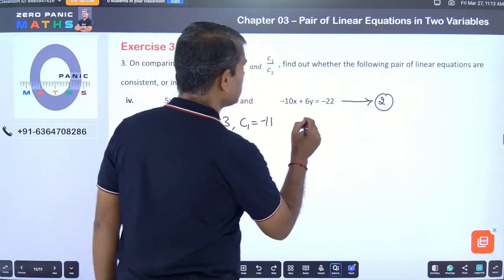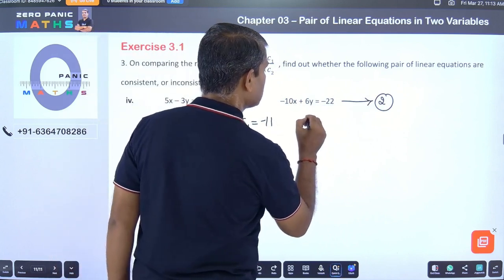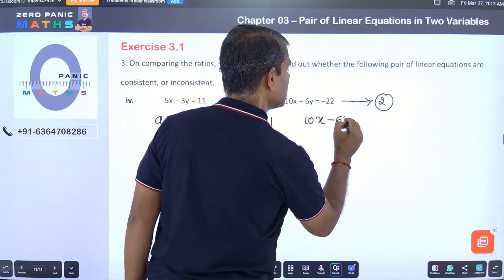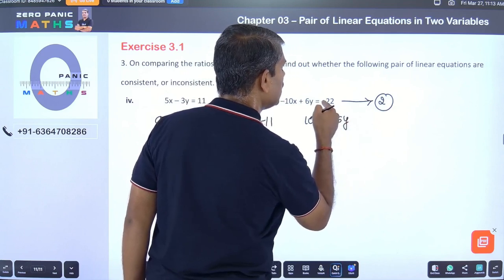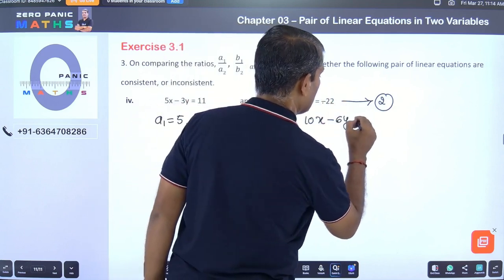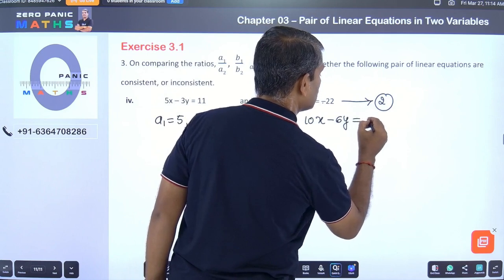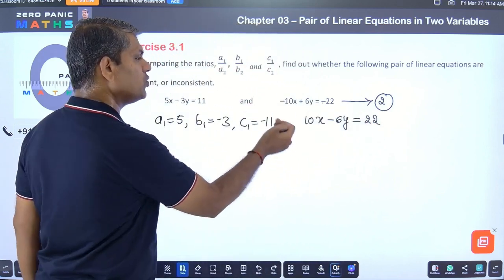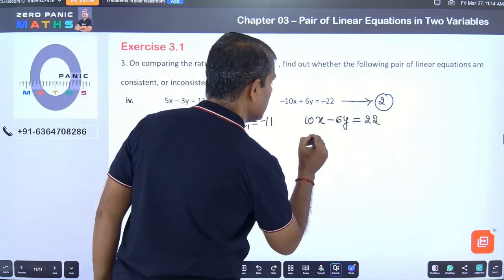That will make minus 10x as plus 10x, plus 6y as minus 6y, and minus 22 as plus 22. Taking plus 22 to this side will give us minus 22.